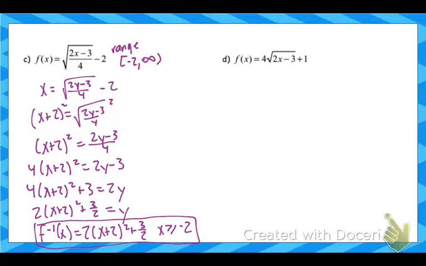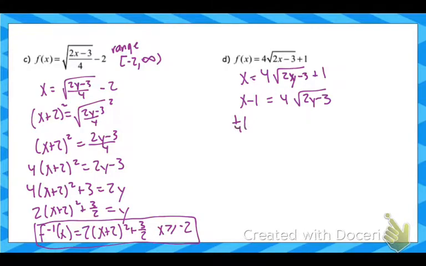All right, if you feel pretty comfortable, pause the video, try the next one. All right, let's switch x and y. Subtract 1. Divide by 4 or multiply by 1/4. Square both sides.